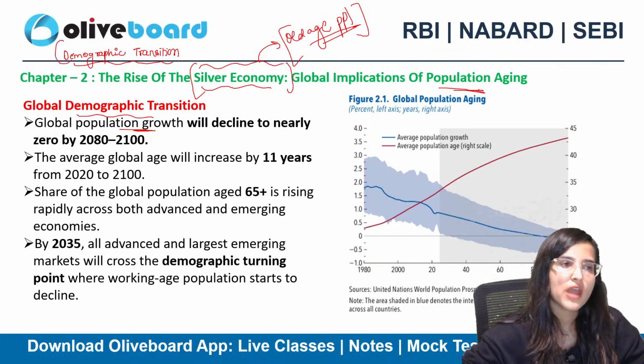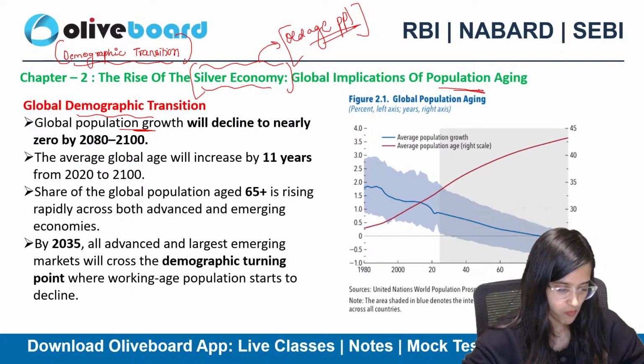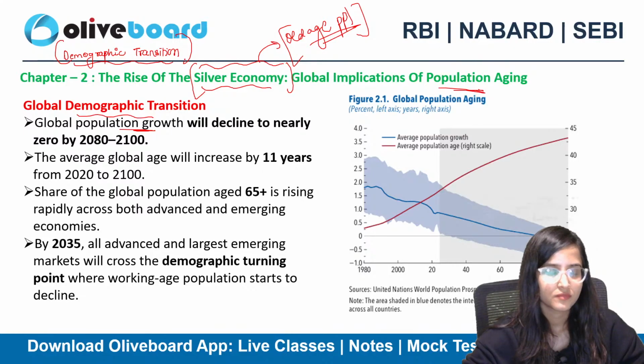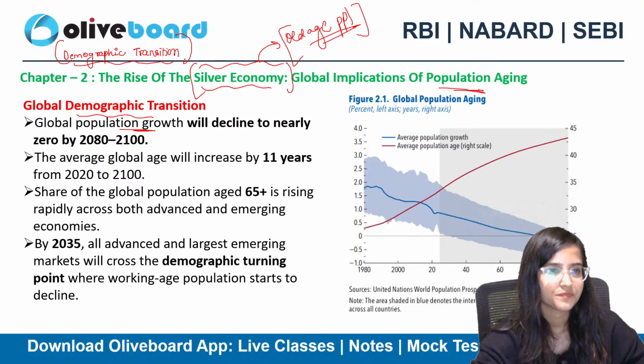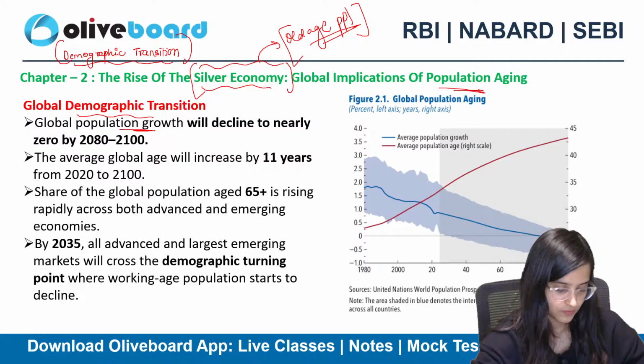What do you mean by demographic transition? Manish is saying change in birth and death rates.